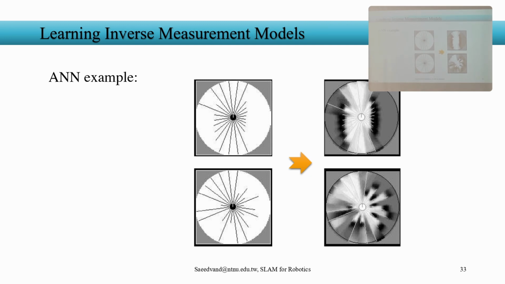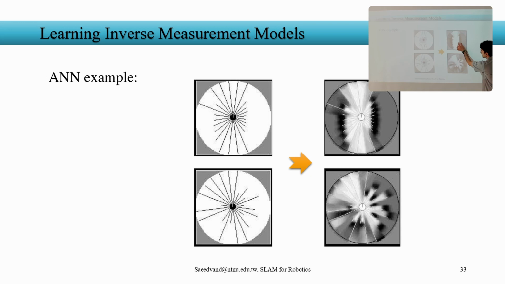This one is like a noisy environment. You can see the beams scanning like this and noisy, but here the robot is in the corridor, and based on the measurement that it has, the output gives a probability for each one of the cells, how likely there is an obstacle or it is free.